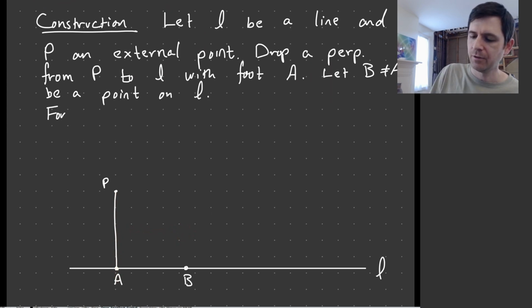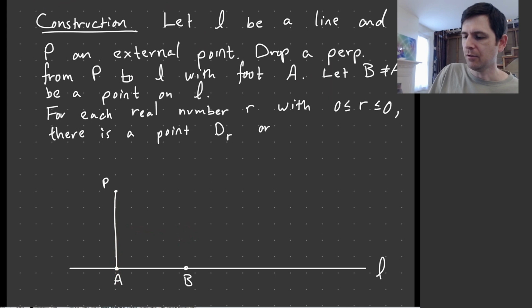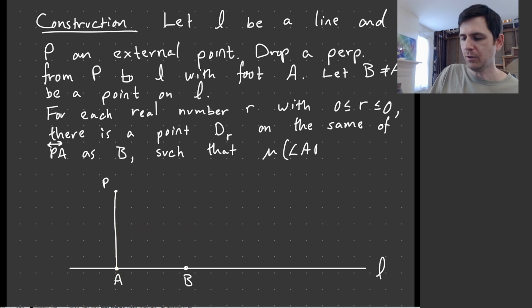Okay, so now for each real number R between 0 and 90 degrees, there is a point D sub R on the same side of PA as B, such that the measure of the angle APD is equal to R degrees.